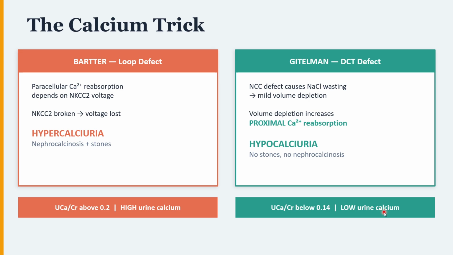The thresholds to remember: urine calcium to creatinine ratio above 0.2 suggests Bartter. Below 0.14 suggests Gitelman. One test, one answer, that's the calcium trick.